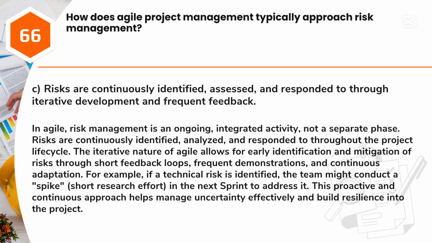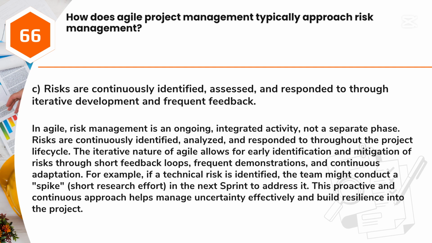Answer: C. Risks are continuously identified, assessed, and responded to through iterative development and frequent feedback. In Agile, risk management is an ongoing, integrated activity, not a separate phase. Risks are continuously identified, analyzed, and responded to throughout the project lifecycle.